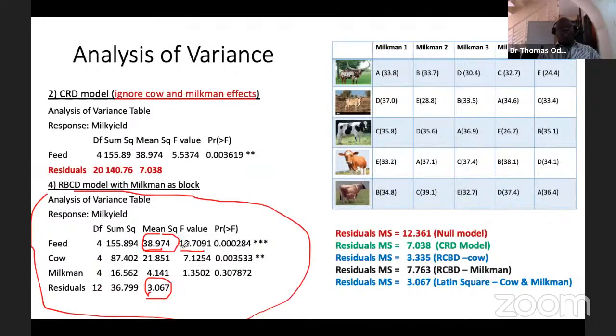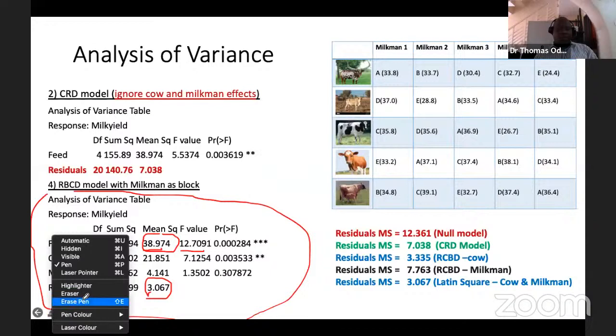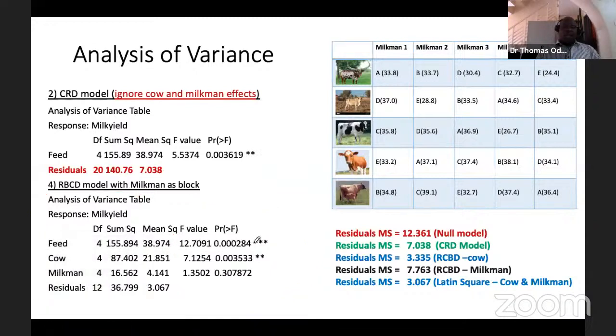Now from our normal statistics class, we always say this is our F value, which is calculated. We compare with the F value from the table, and then we declare, we reject the null hypothesis. Now, of course, when you're doing analysis on the computer, the concentration is always on the F and the probability here.